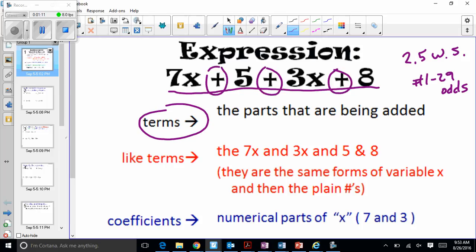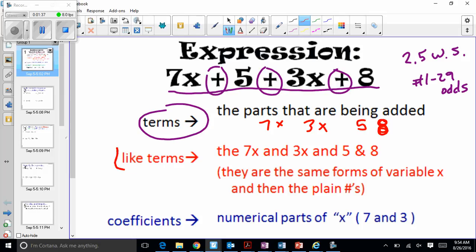Okay, so each one of the terms in this expression is going to be, and I'll change colors here, 7x, 3x, 5, and 8. All of those are different terms. That was a pretty ugly 8, wasn't it? Those are different terms. Now, not all terms are the same.